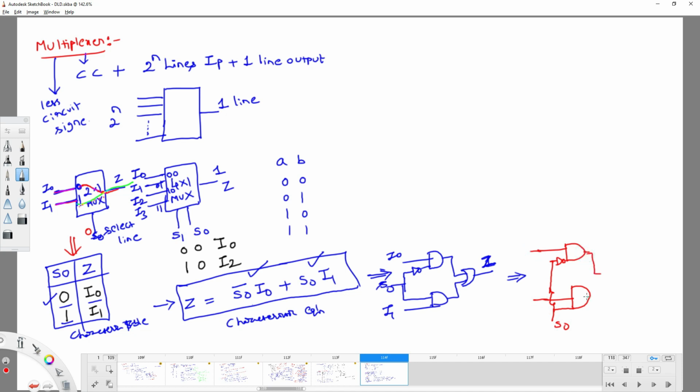Finally, I am going to combine these two, and you will get it like this, right? So I have written the same structure. Is it okay? Is there any problem? No, right? So now if you observe, this is I0 and I1, S0, and I am getting Z as output.